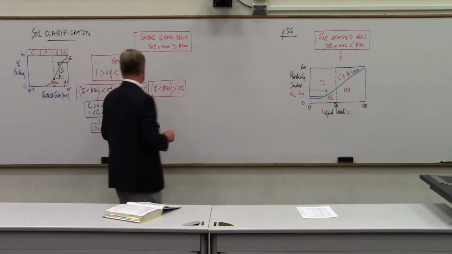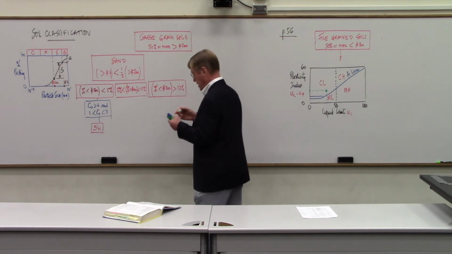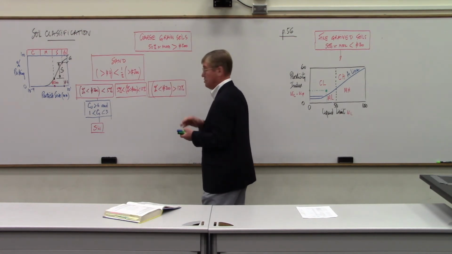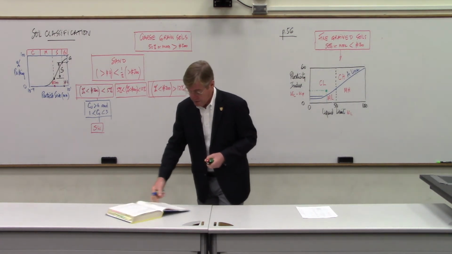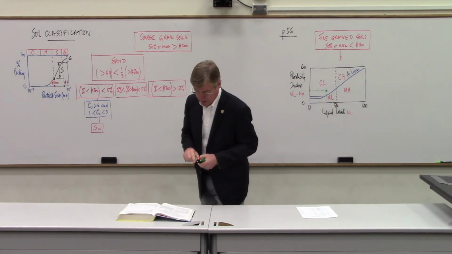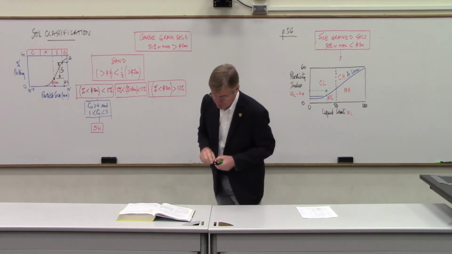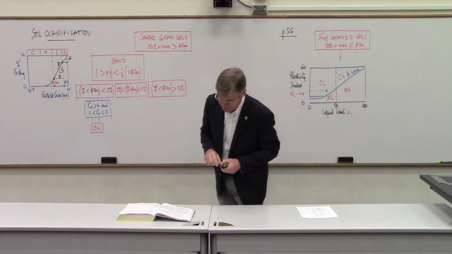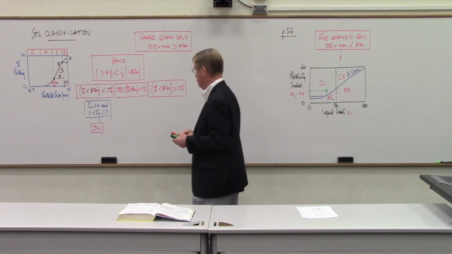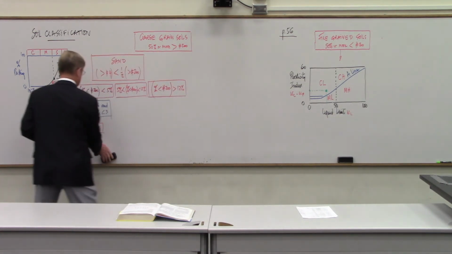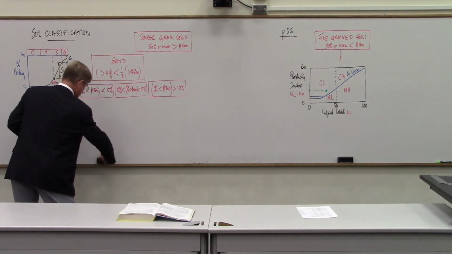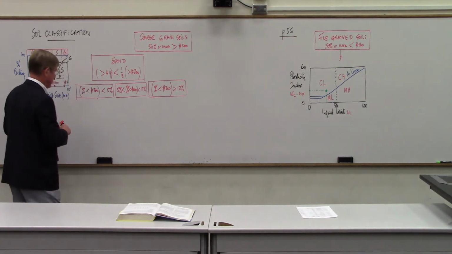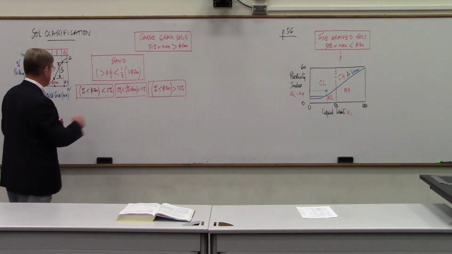If you are in this category here, then that means you have a lot of fines, and then you go and look at the Atterberg limits, and oh, wait a minute, I have two, I'm sorry, I went too fast here. So you need to decide, you know it's a clean sand, but you need to decide between SW or SP.